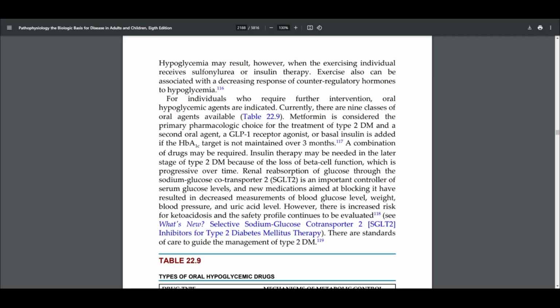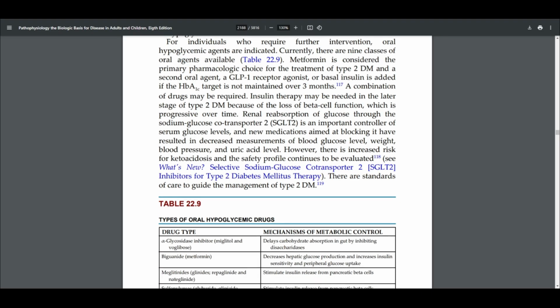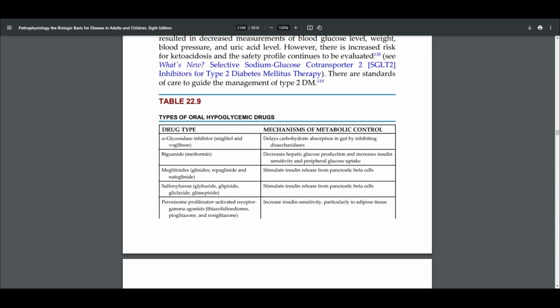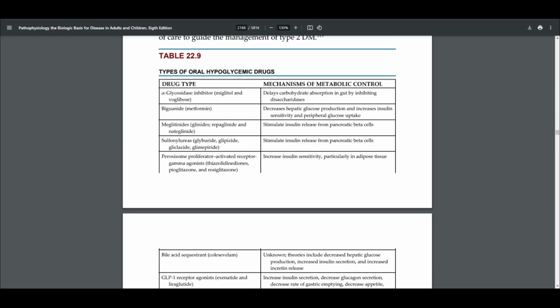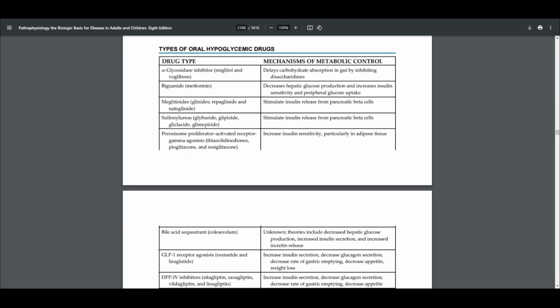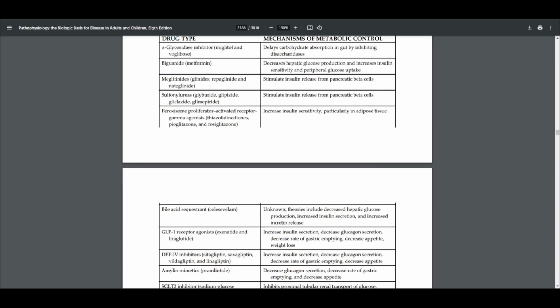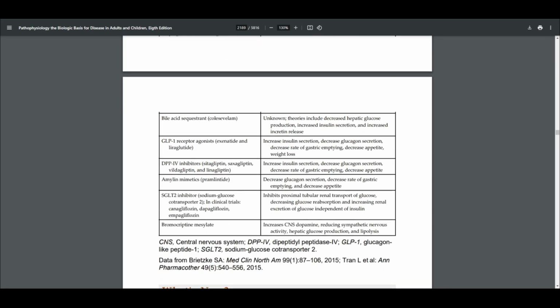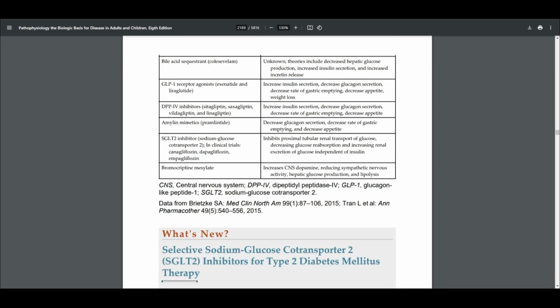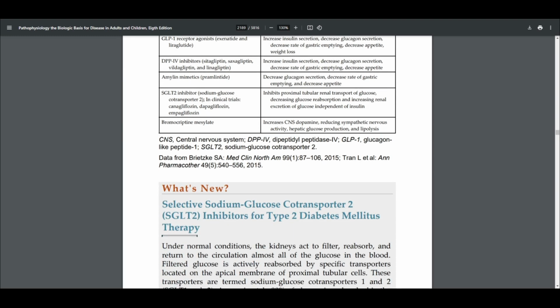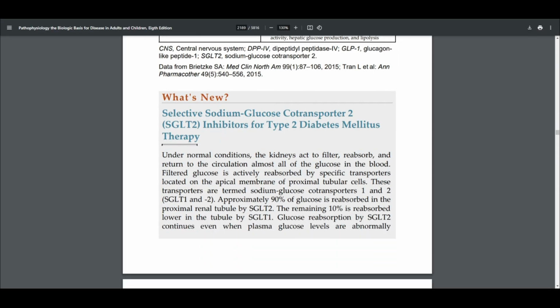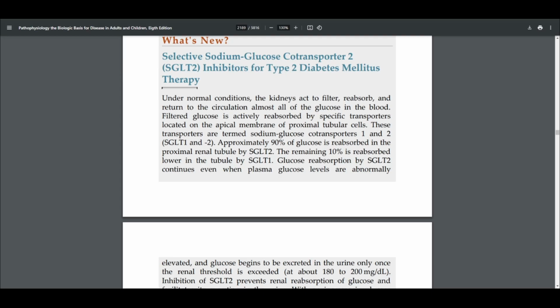There are standards of care to guide the management of type 2 diabetes. So again, there are different types of medications. Go ahead and hit the pause button if you want to look at specifics, especially the mechanisms of action. You also can hit pause if you want to read the selective sodium glucose cotransporter 2 inhibitors for type 2 diabetes therapy.